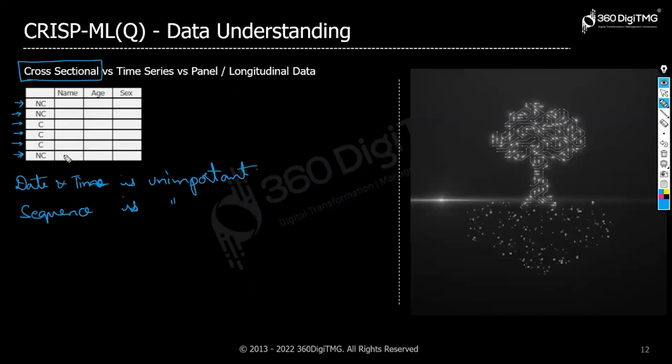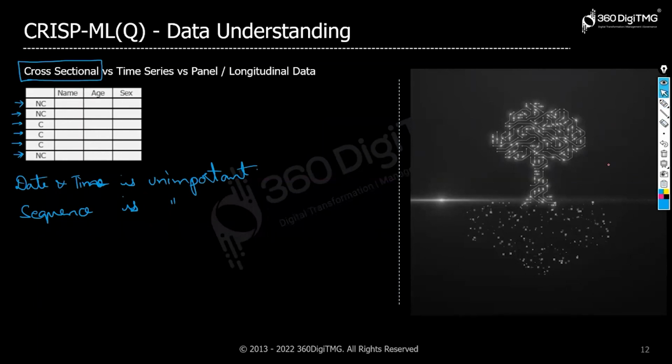You need not have the data in a sequence, because whether you are tested positive or negative does not really depend on your date and time. So this kind of data, where date and time becomes unimportant, and hence the sequence in which you arrange the data becomes unimportant, is called cross-sectional data.